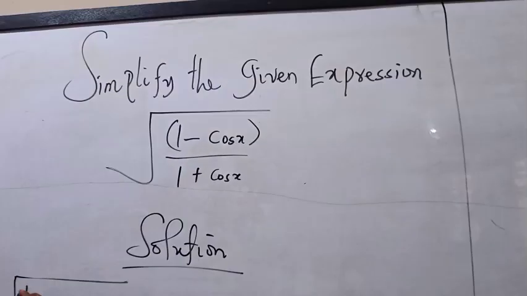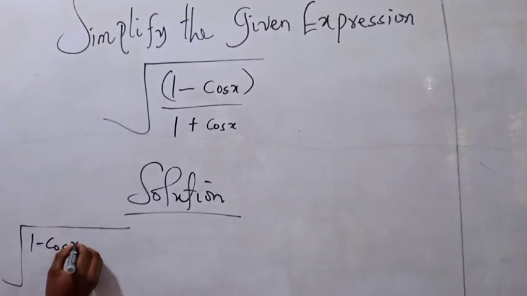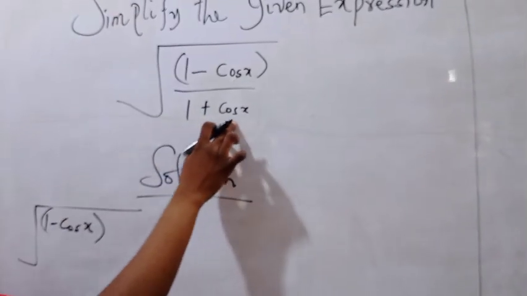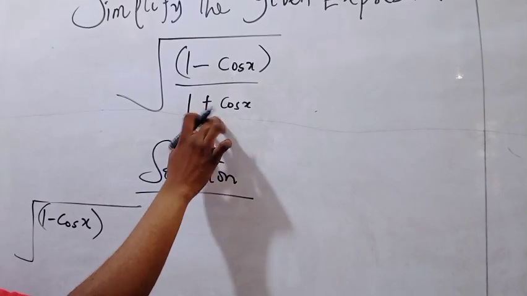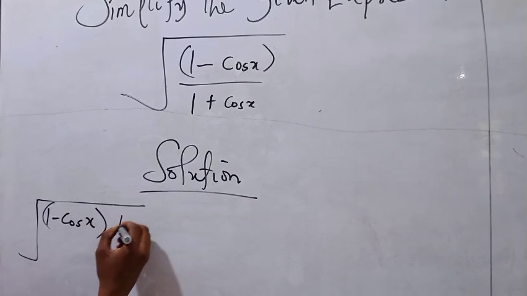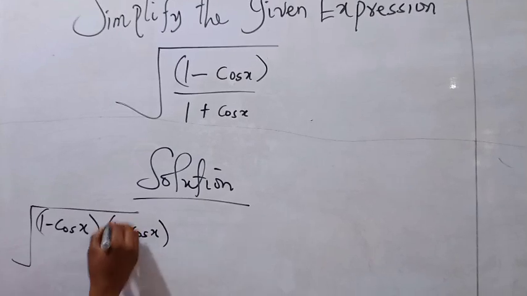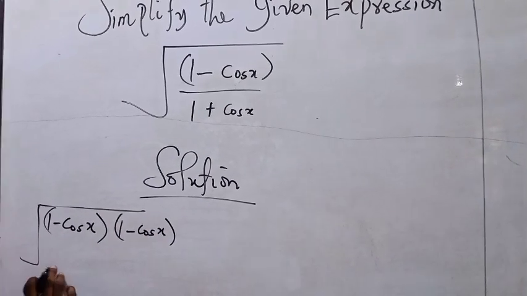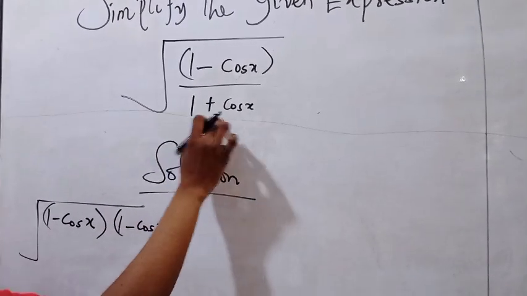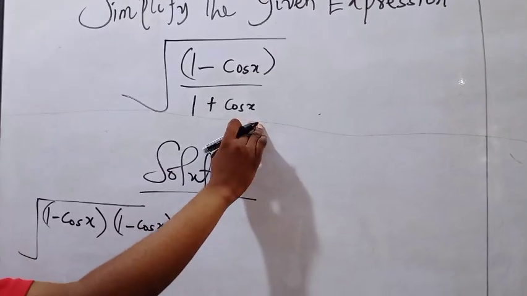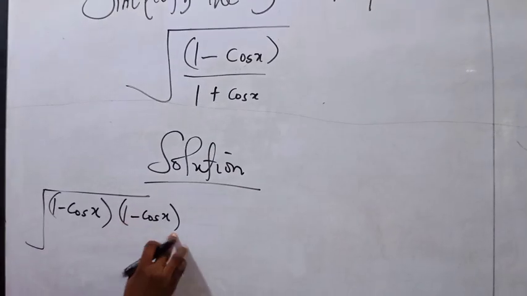What is my numerator? 1 minus cos x, multiplied by the conjugate of the denominator, which is 1 minus cos x. Whatever you do to your numerator, you also do to your denominator. We're also going to use the denominator to multiply the conjugate.